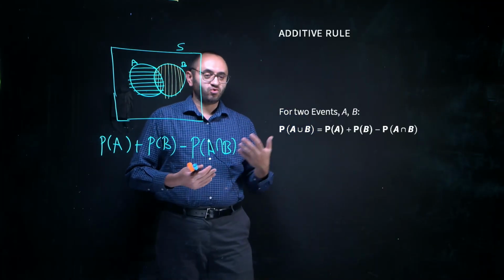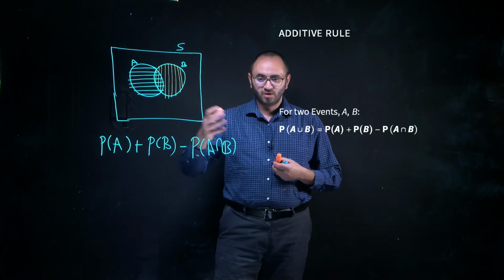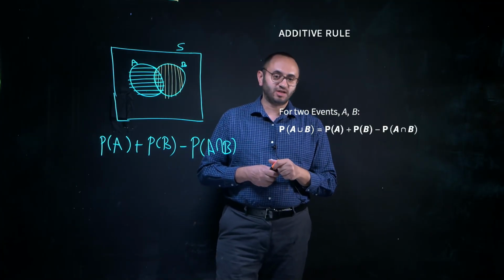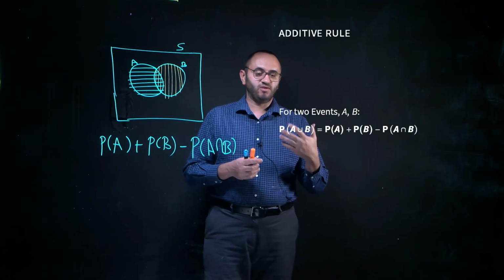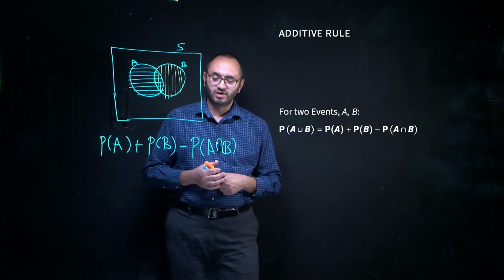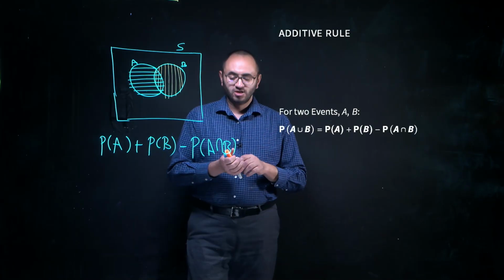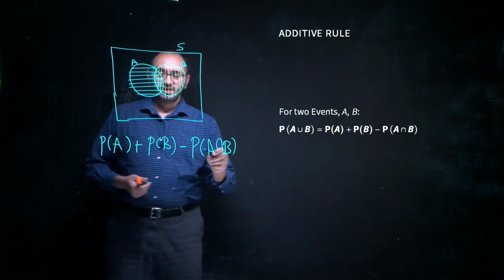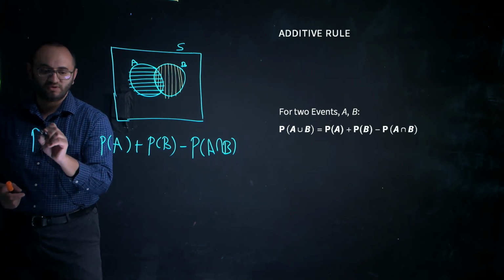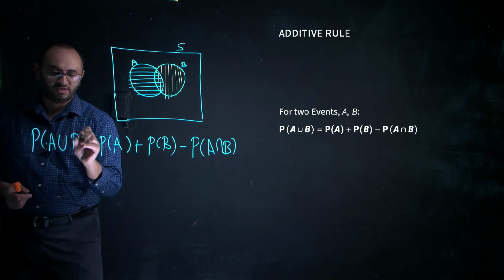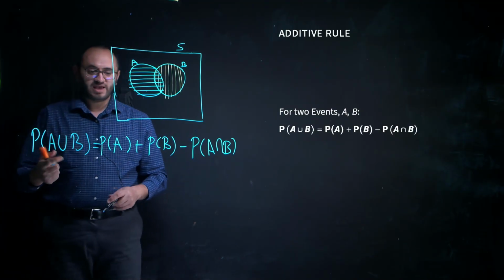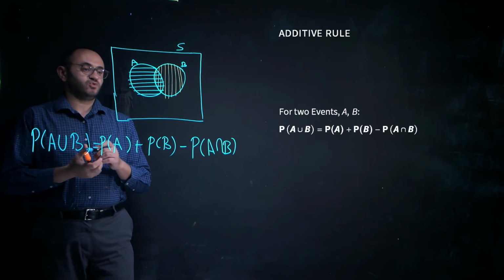Now, is there any connection with the formula that we just discussed 5 minutes ago? That is, if A and B are disjoint, then probability A union B equals probability of A plus probability of B. Yes. So actually, that formula is a special case of this formula. This is the general formula: probability A union B equals probability of A plus probability of B minus probability of the intersection.